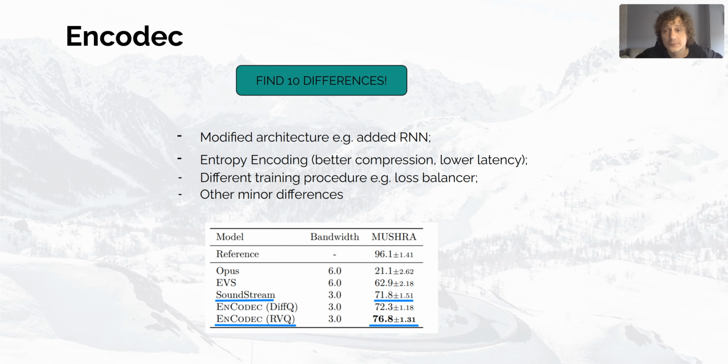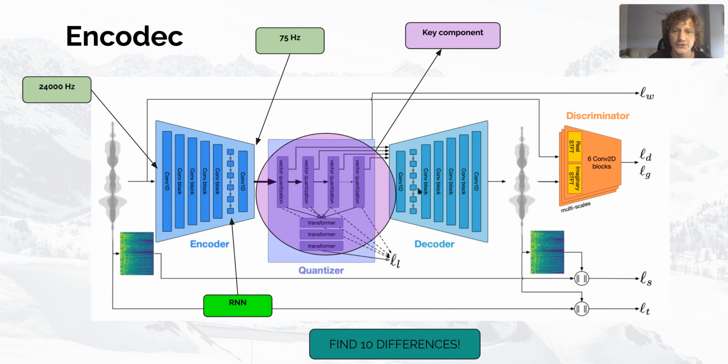So again, about the game, find 10 differences. A slightly modified architecture. For example, Encodec added RNN into the architecture, entropy encoding using transformers, and a different training procedure. They came up with a loss balancer, because while training these architectures, we have quite many losses.